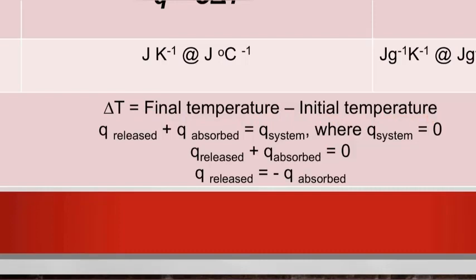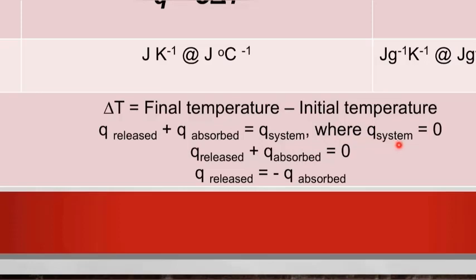For your information, a calorimeter is a closed system, so the heat released or absorbed from a reaction will only circulate inside the calorimeter. Hence, Q released in a calorimeter plus Q absorbed in a calorimeter will equal the Q system. And since a calorimeter is a closed system, there will be no heat transferred in and out of the system.